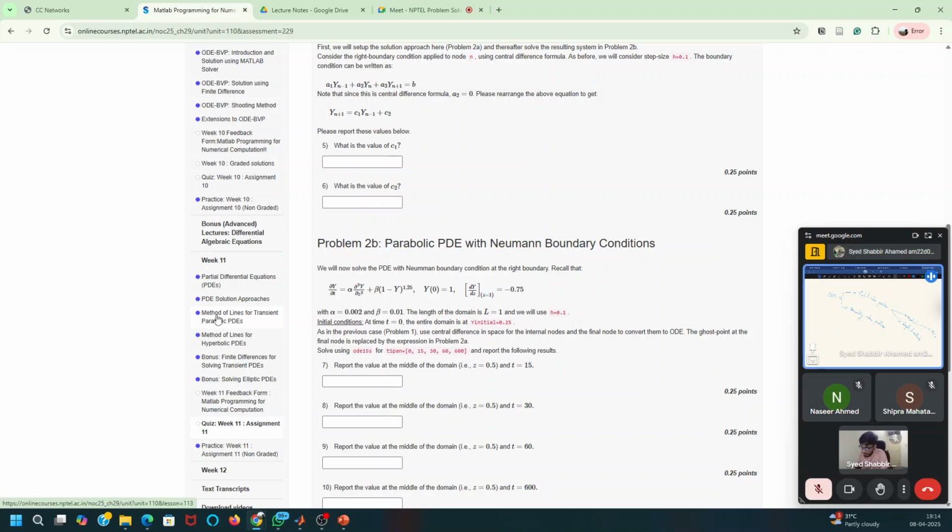In explicit methods there is a solver called ODE45, which is a direct MATLAB function we can use to solve any initial value problem. In implicit methods, we use solvers like ODE15s or ODE23s.